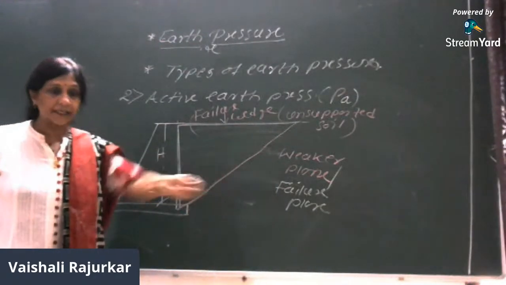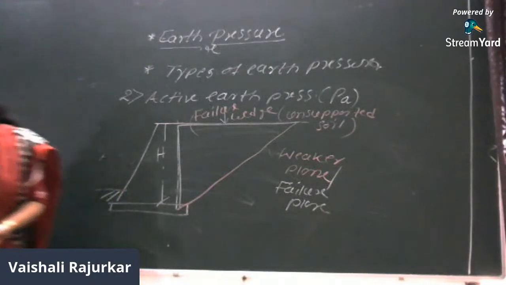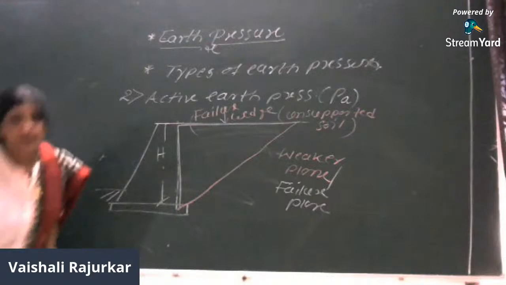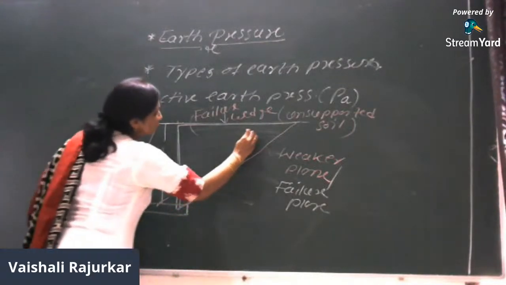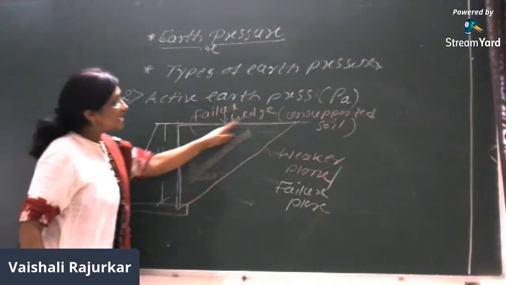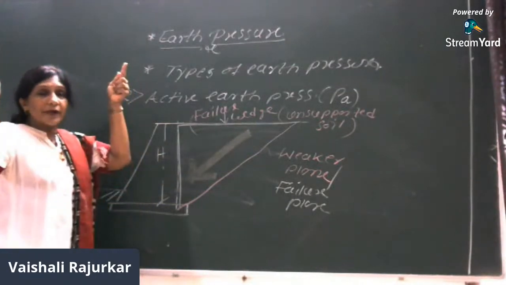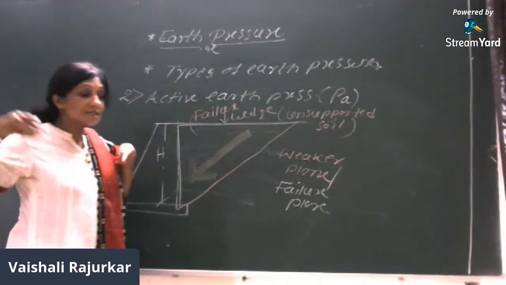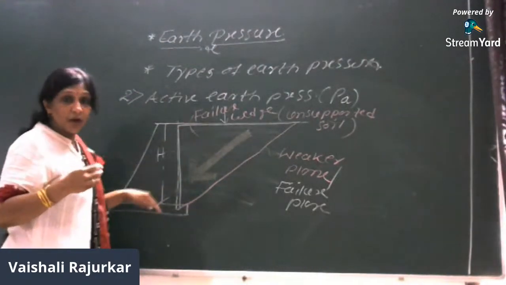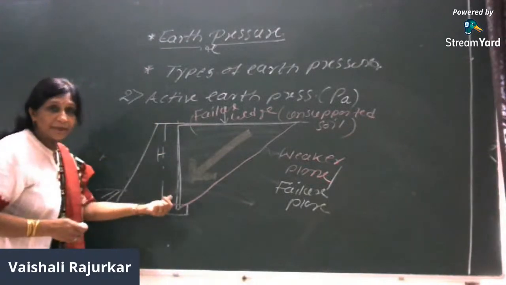Now, if there is an unsupported soil mass, that unsupported soil mass has a tendency to move towards gravity. So this soil mass will move in the direction of gravity. If this huge unsupported soil mass slides down, naturally, what will happen?